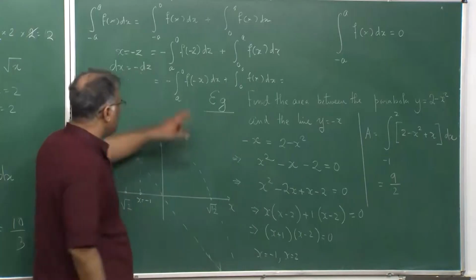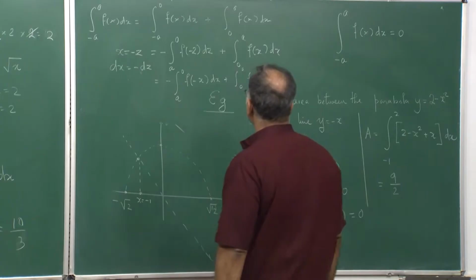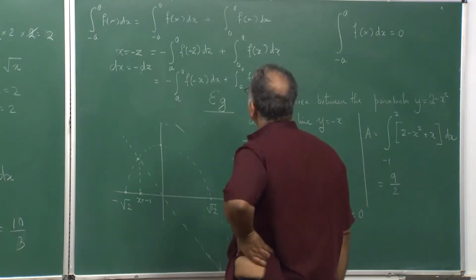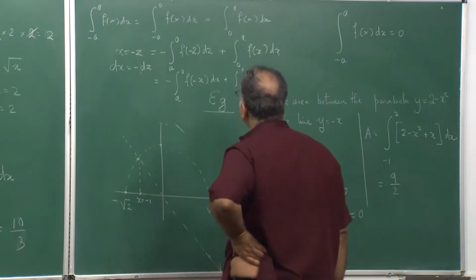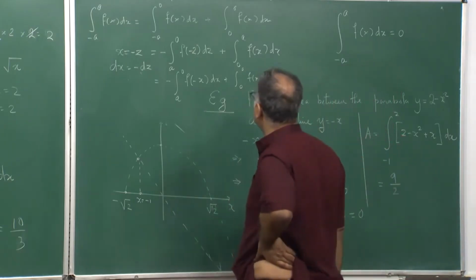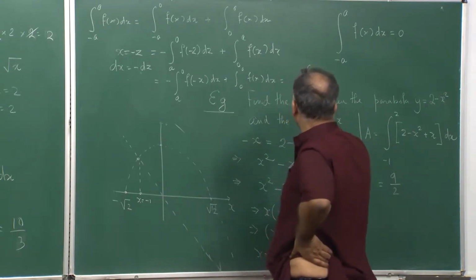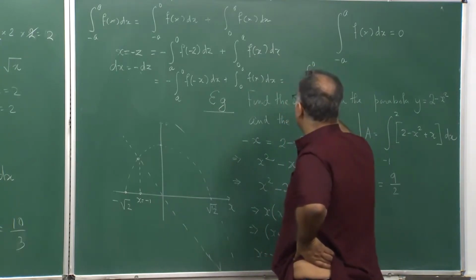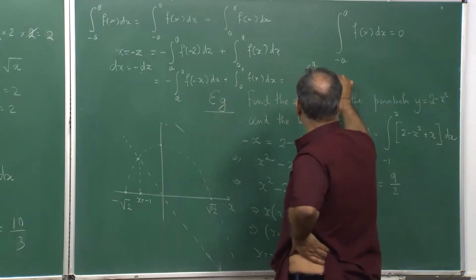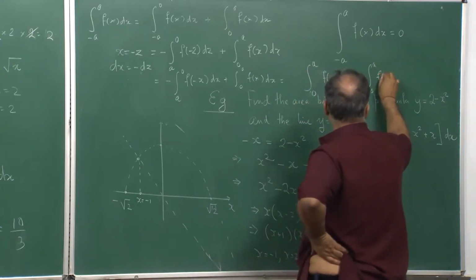Now, you see how the reasoning goes. This will become 0 to a, because of the minus sign here. So, this will become the integral of f of minus x dx plus the integral from 0 to a of f(x) dx.